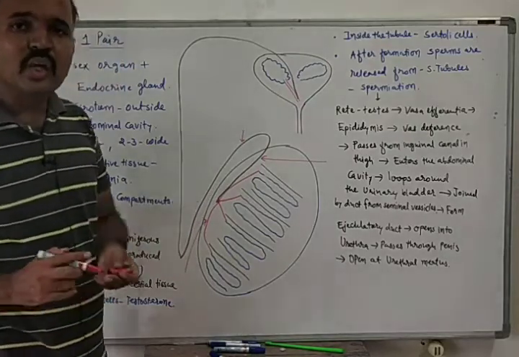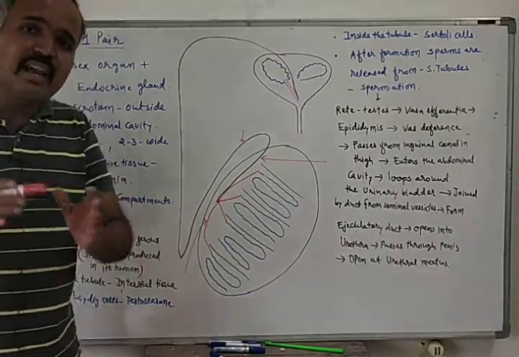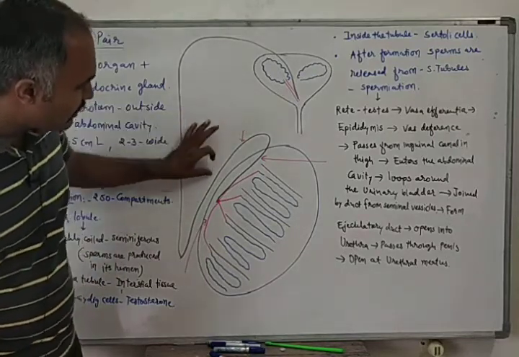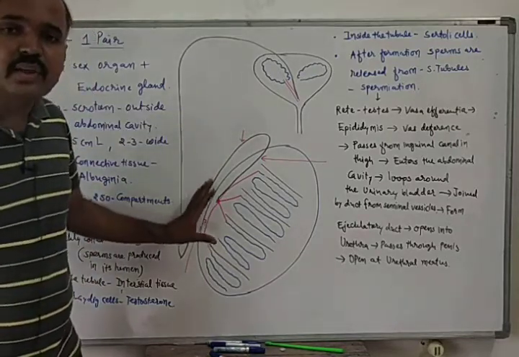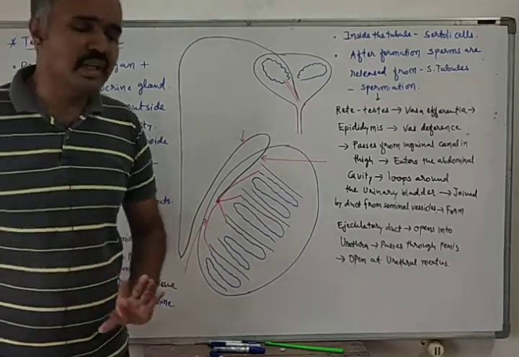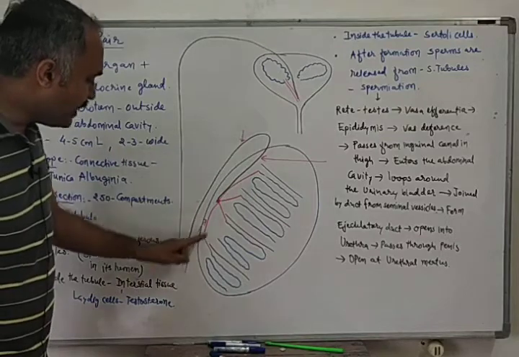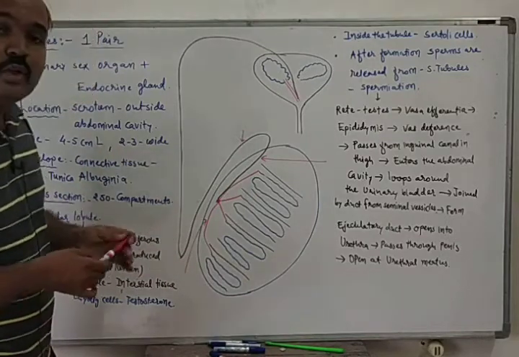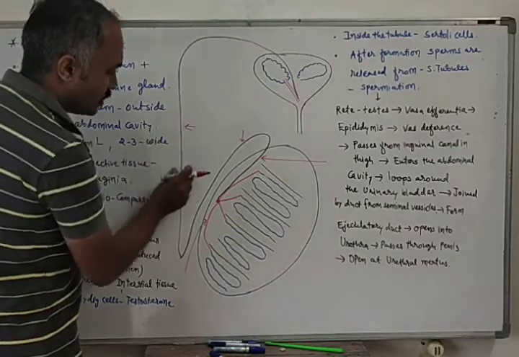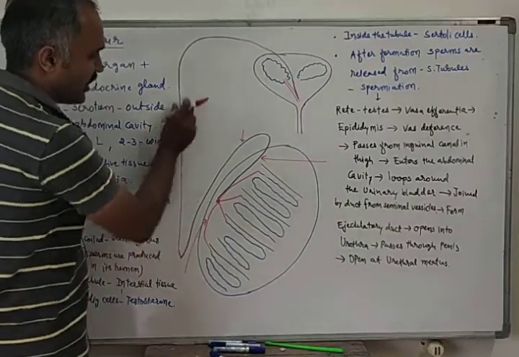Epididymis is also a highly coiled structure, and it covers the testis on the posterior surface. Then the epididymis gets converted into the vas deferens. This duct is known as vas deferens.